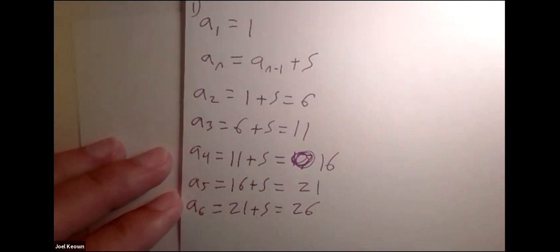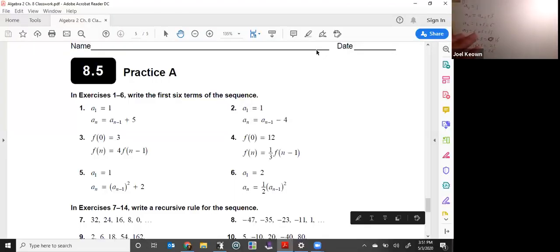Now, they have a couple different ways they write this out. So let's go back and look at number 3. Number 3 looks a little different. It's still basically the same thing. They just use a slightly different form. It says f of 0 equals 3. That means when n is 0, the overall value is 3.